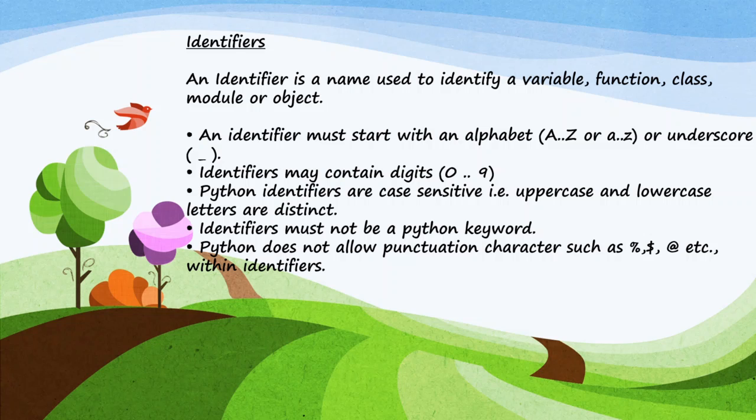Python identifiers are case sensitive, that is, uppercase and lowercase are distinct. So if you create an identifier in lowercase, you have to use it in lowercase itself. If you create it in uppercase, you have to use it in uppercase itself. You cannot use a lowercase identifier as uppercase or an uppercase identifier as lowercase. They are different.